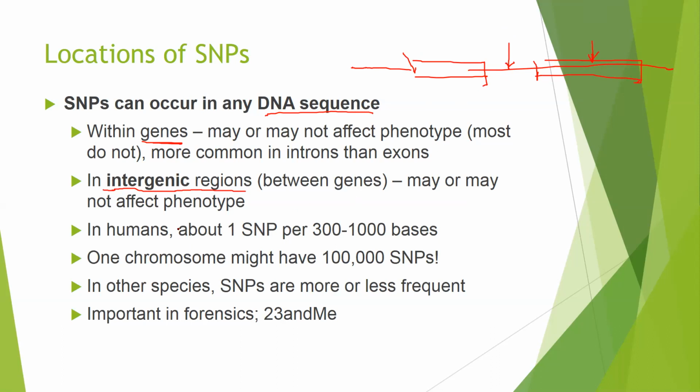In humans, in ourselves, there is about one SNP per this many bases, which means there are many SNP markers in our genomes, which is good because this many SNP variants can be used as a very powerful tool to help us identify genes of interest.